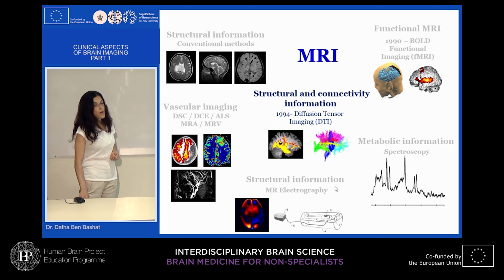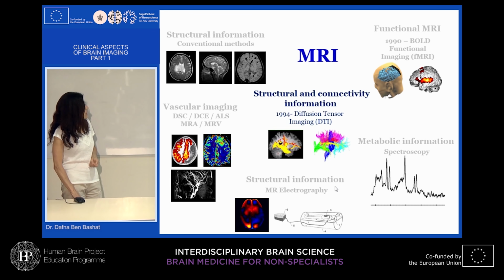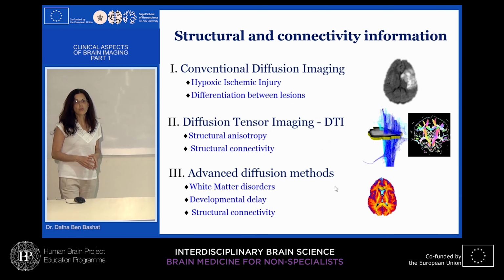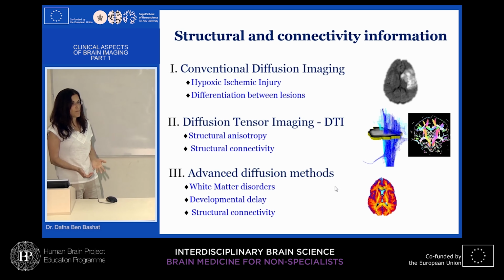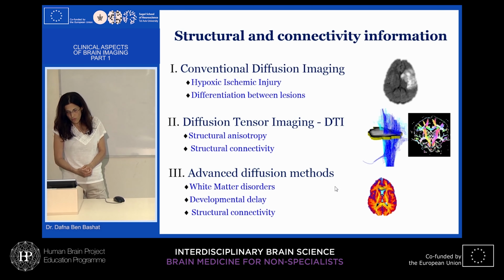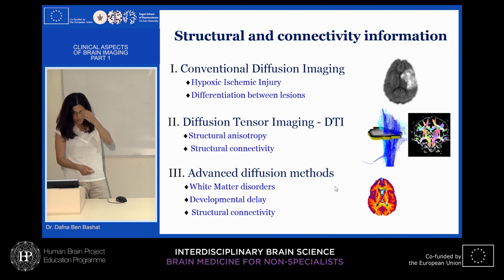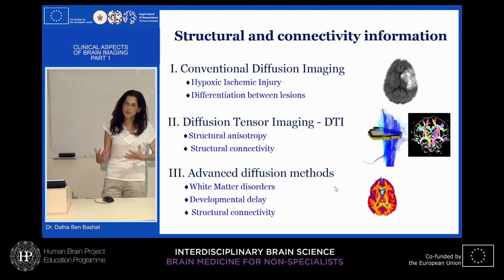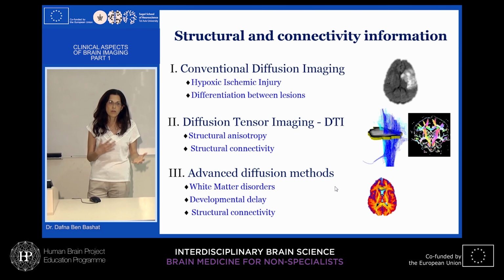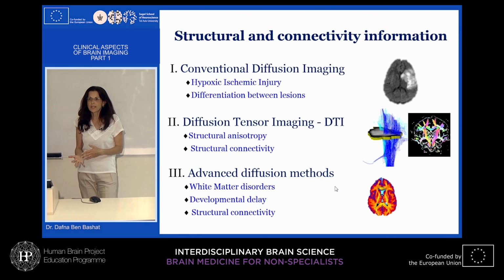Now, going to other methods, I will focus on diffusion weighted methods. It's diffusion based methods because it's not one method. We'll talk about conventional diffusion, diffusion tensor, and various advanced diffusion methods. This also evolves all the time, and there is a difference between research and clinical practice.